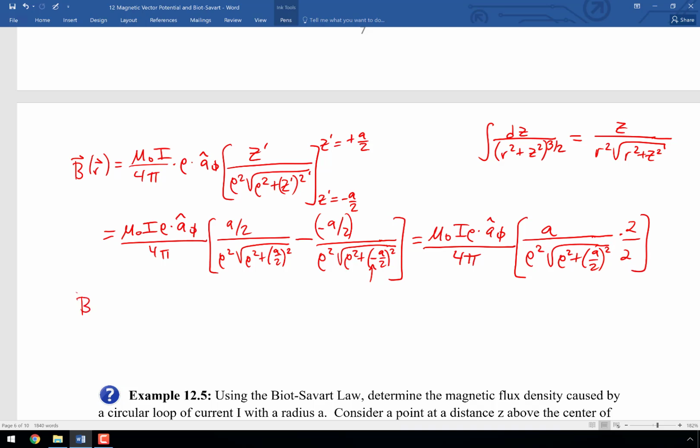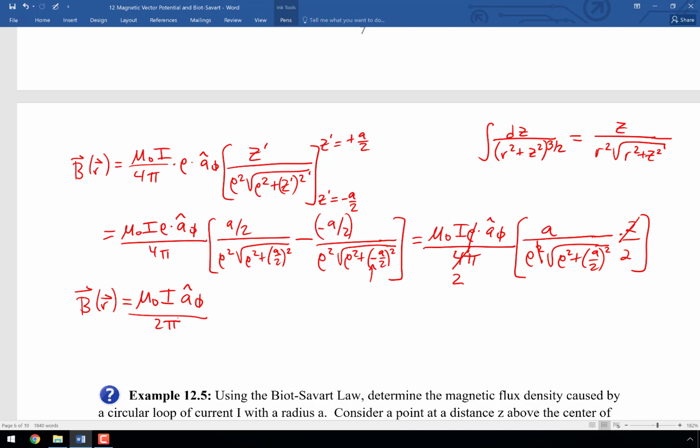So this becomes B of r is equal to, now let's see, I don't want that 2 there. I want that to cancel with half of that 4. So this becomes mu sub 0 I. And half of this rho squared is going to cancel with that rho right there. Mu sub 0 I times a sub phi divided by 2 pi.